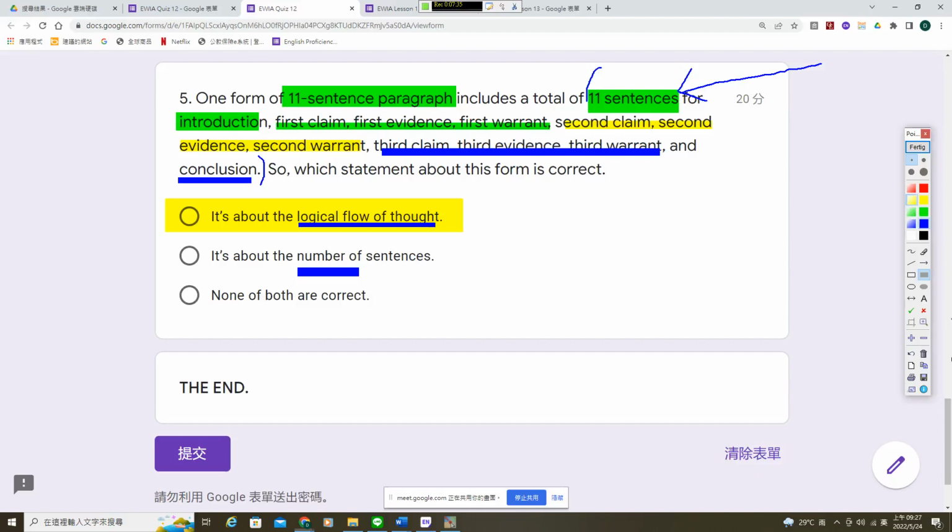Basically, we must have a topic sentence to start our claim. So this is our claim, right?